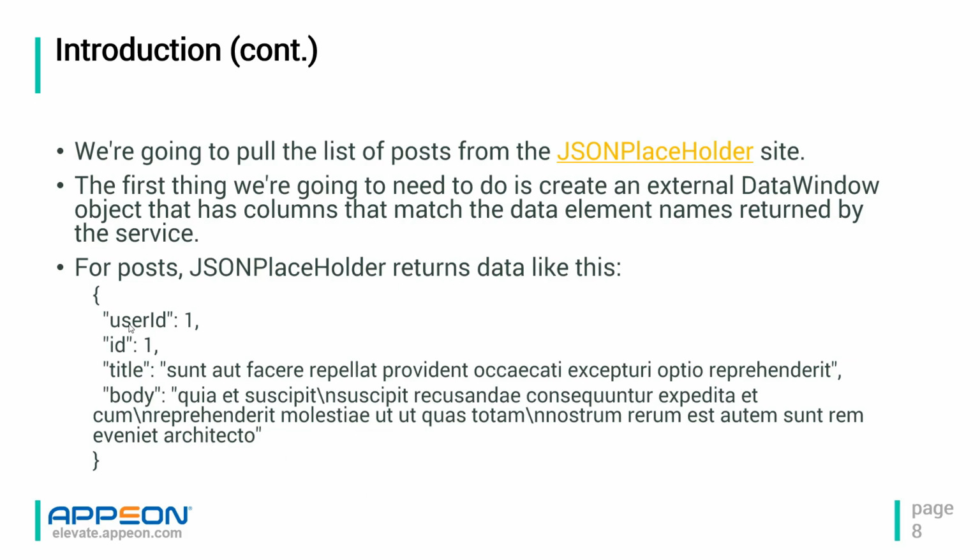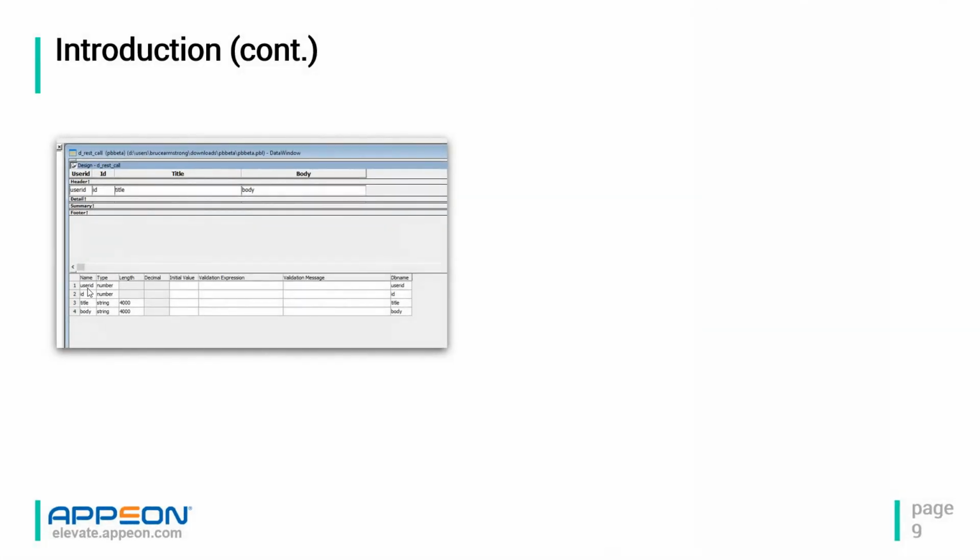So what I need in my external source data window is 4 columns: a user ID and ID that are numbers, and a title and body that are strings. So that's what I created. Here's my external source data window. I've got a user ID and ID that are number, and a title and body that are string.